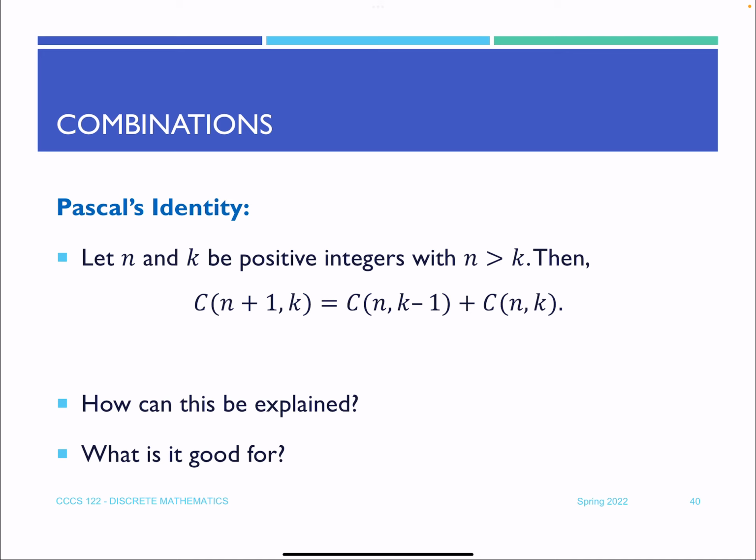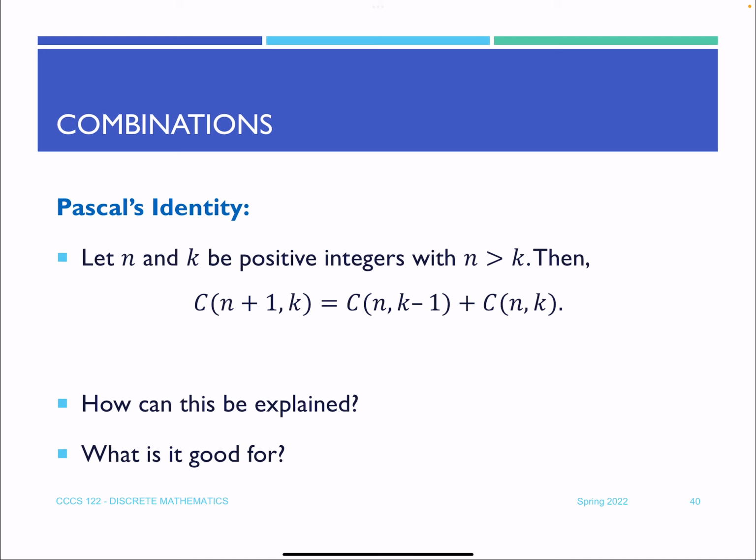Okay. That gets us close to the end of this chapter. So related to combinations is Pascal's identity. Let n and k be positive integers, which, when we're dealing with selecting items from a set, which we always are, there can never be a negative number of elements of a set, right?